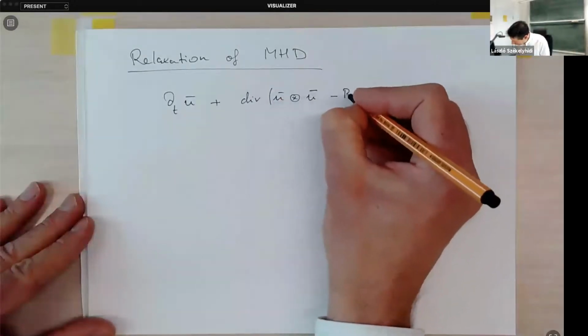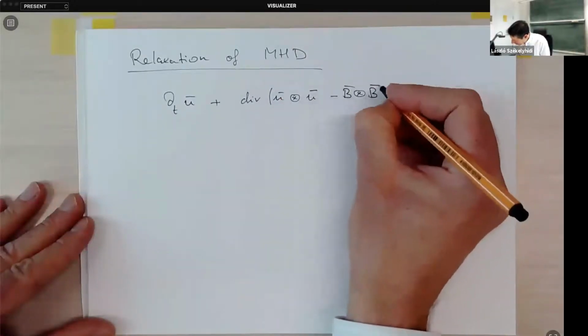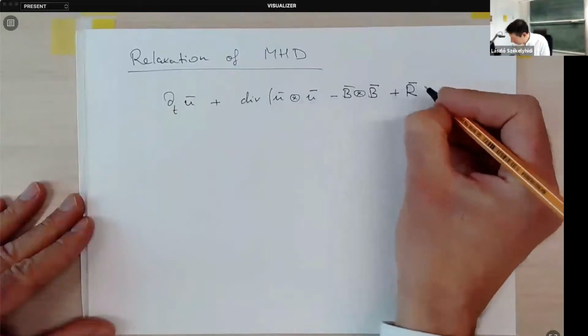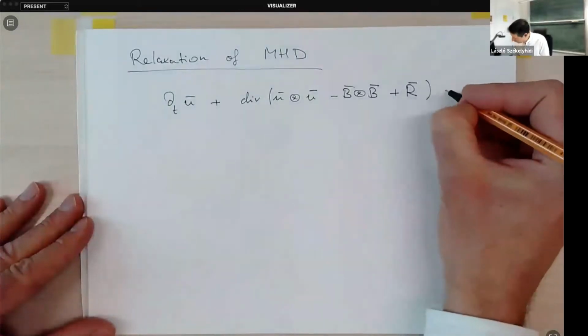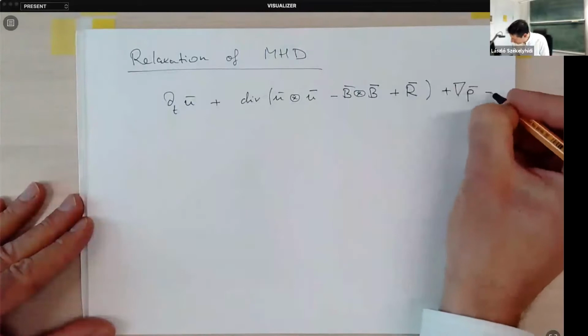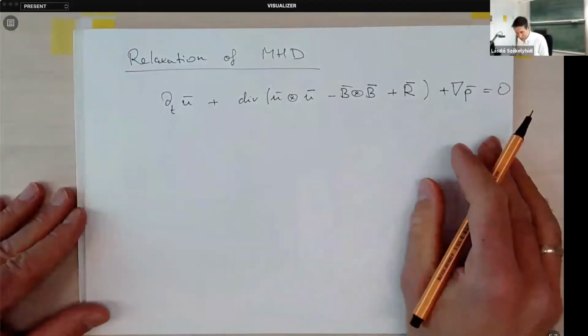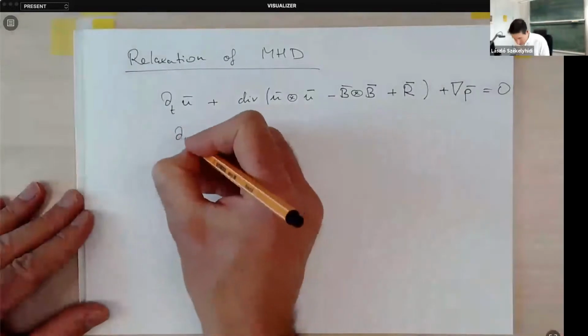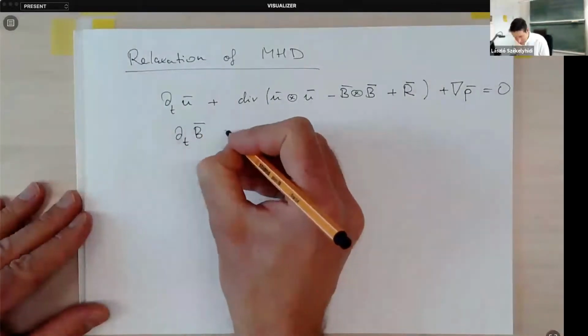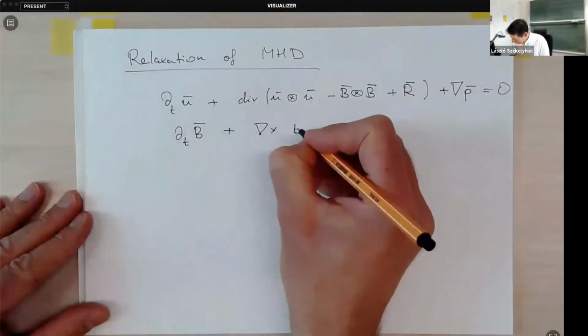So there's the B, and there is the hydrodynamic Reynolds stress, which now doesn't have a sign because there's the B term. So this is as in physics books. Then there is the B equation, which we can keep in this form.